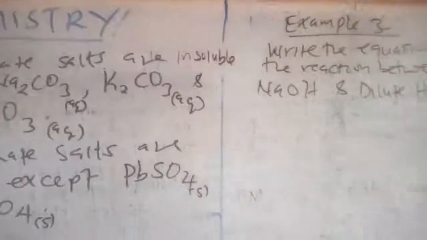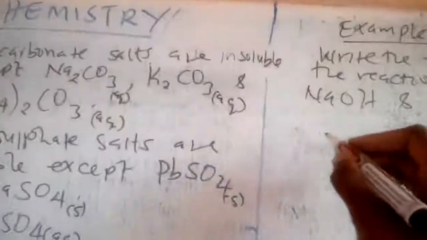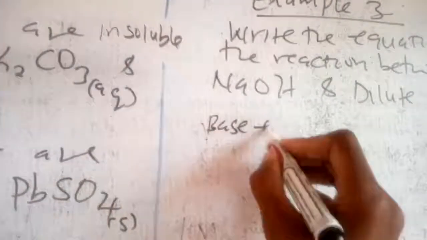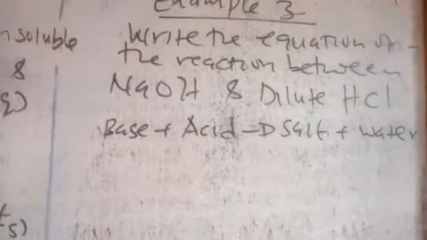And therefore, what are you supposed to do? As far as this question is concerned, you are supposed to be very, very keen. You know that in the reaction between a base and acid, you are supposed to get a salt and water. I can write the general equation: base plus acid gives salt plus water, and that is very important to note.